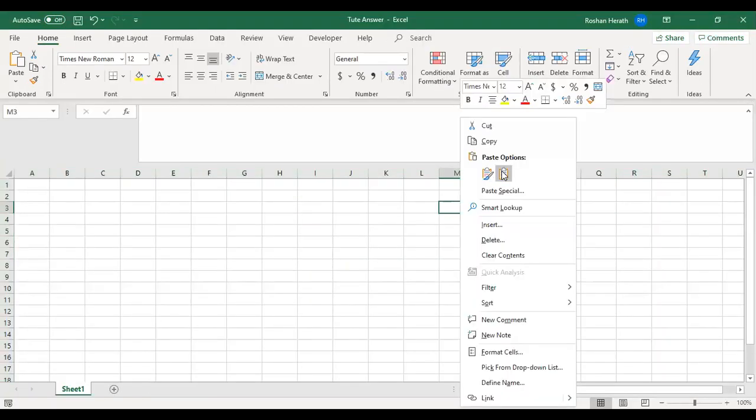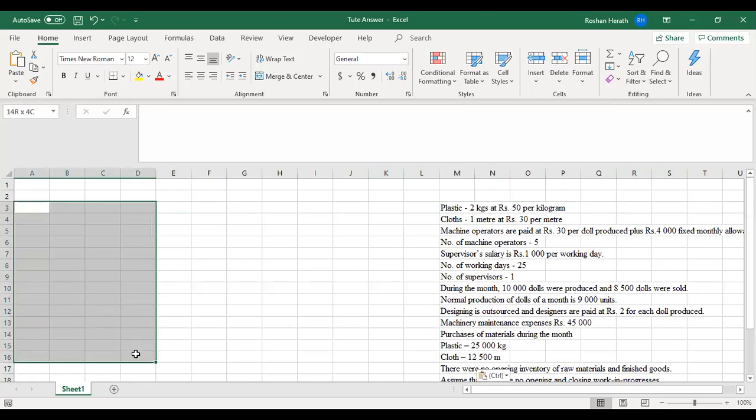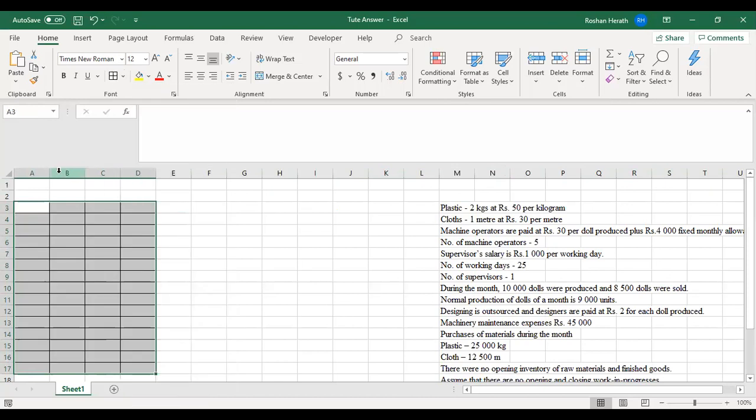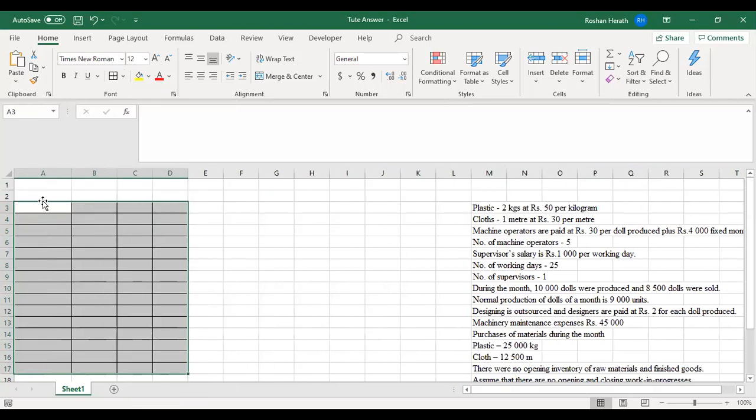Let us get the things copied. You can prepare a simple manufacturing account that would help in the identification of the period cost, sorry, product cost.